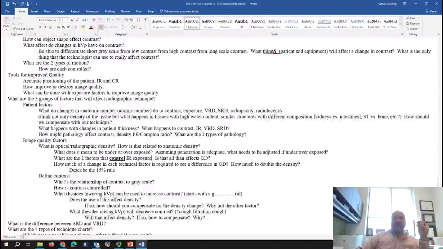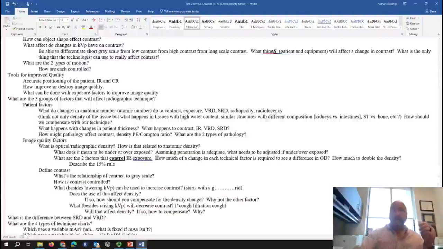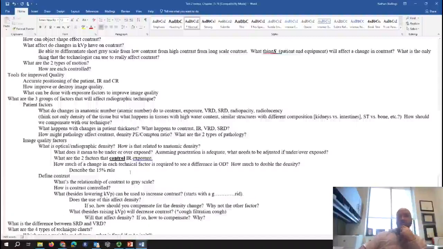And they don't really affect optical density. I'm going to delete that. But the kind of short answer to that is no, a lot of stuff affects image receptor exposure. Machine phase, KVP, SID, all of that affects image receptor exposure.